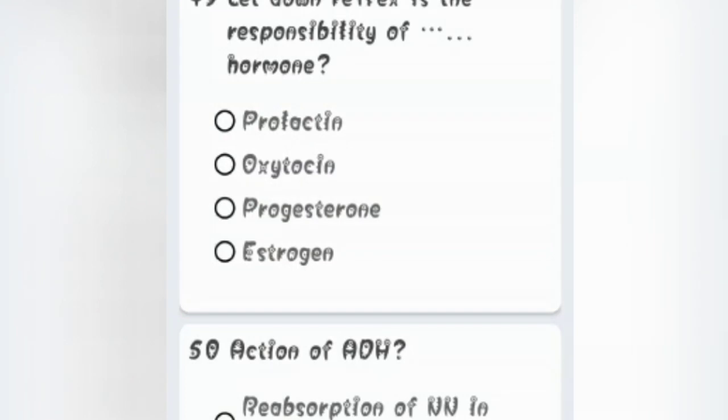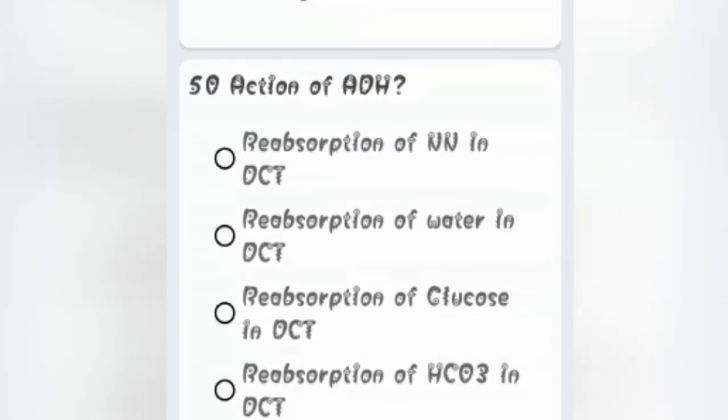Next question 49. Let down reflex is the responsibility of hormone. Option A prolactin, option B oxytocin, option C progesterone, and option D estrogen. The answer of this question will be option A prolactin. Next question, that is 50th, last one question, that is action of ADH.